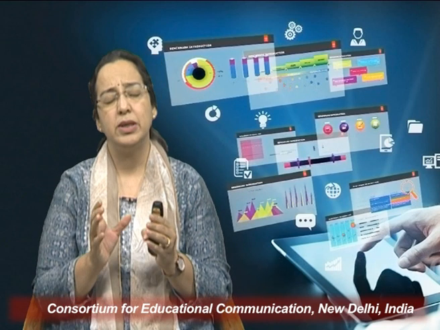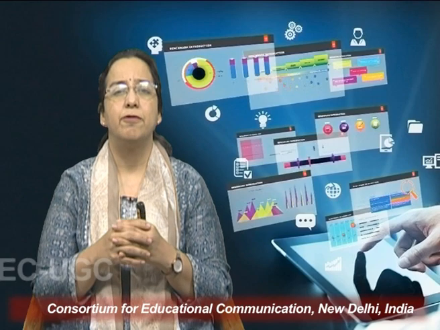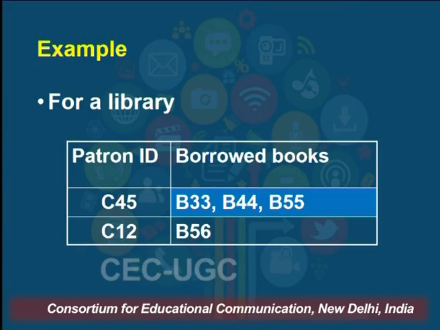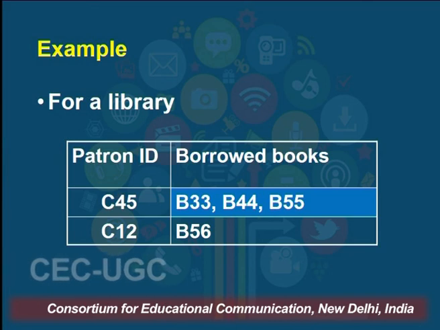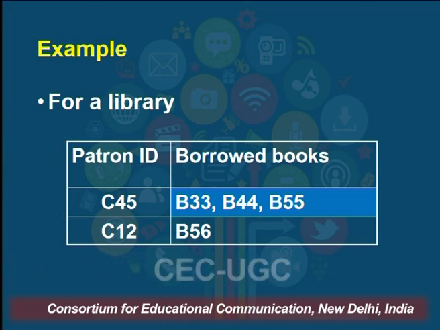Here we have taken a small snapshot of a table from a library in which there are only two columns, and for the sake of simplicity we have only taken two rows. One is patron ID, another one is the borrowed books.